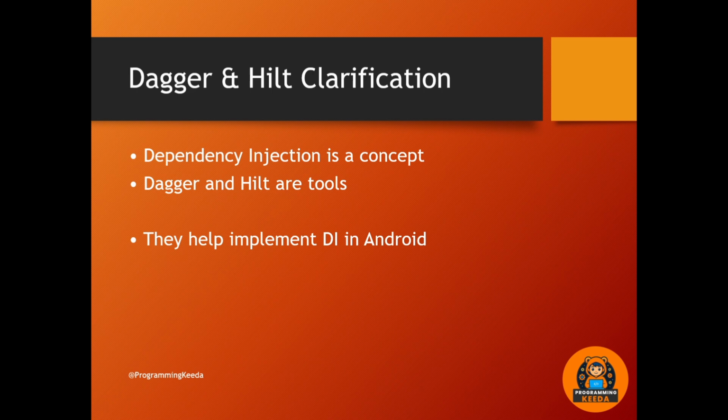Dependency injection itself is only a concept or design pattern. Dagger and Hilt are tools that help to implement this concept in Android applications. They automate the process of creating and providing dependencies. Without understanding dependency injection, learning Dagger or Hilt becomes very difficult. Therefore, mastering the concept should always come before learning the tools.